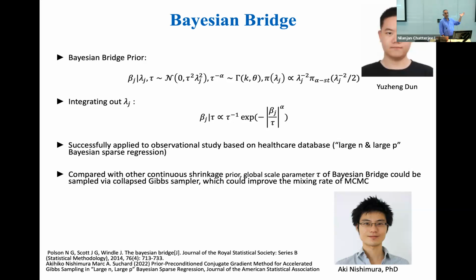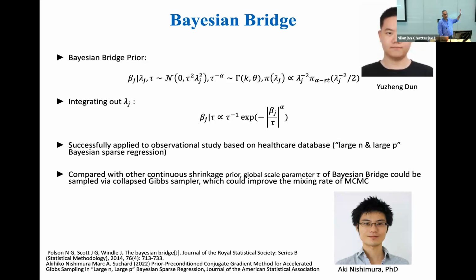Now, what is the advantage of the method? One nice thing is that after marginalizing over the local shrinkage parameters, the lambdas, the betas have a closed form prior. You can see that beta has this form in the second line. And what is that? That is basically a generalized Laplace distribution, right? If I have alpha equal to 1, that is the Laplace distribution, and that kind of corresponds to the lasso solution.